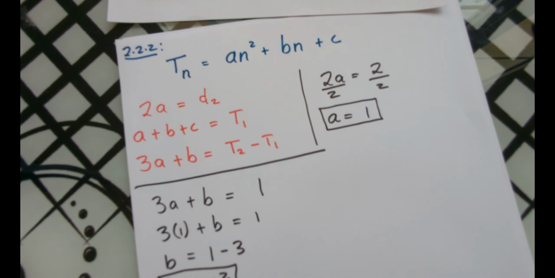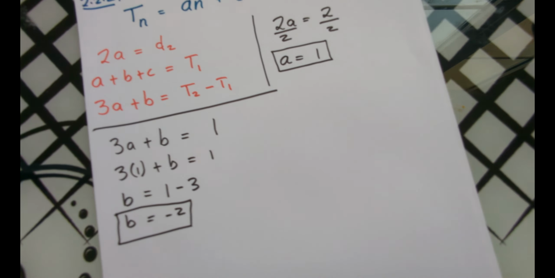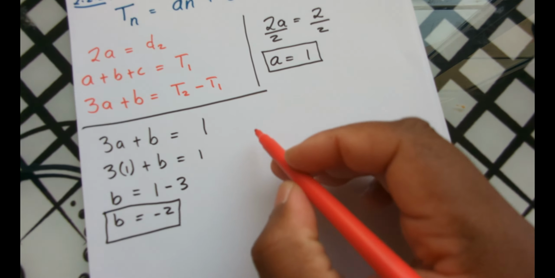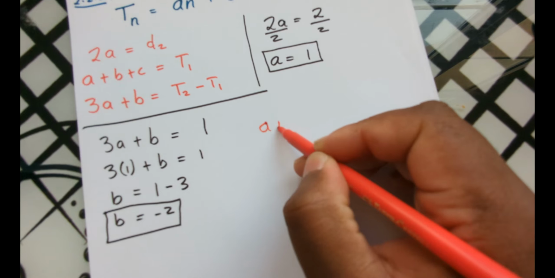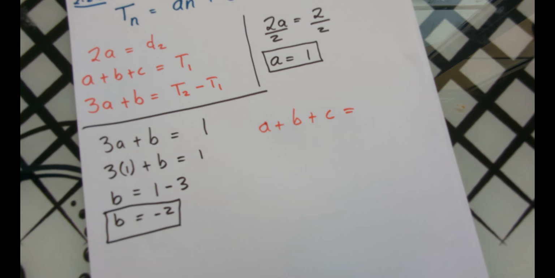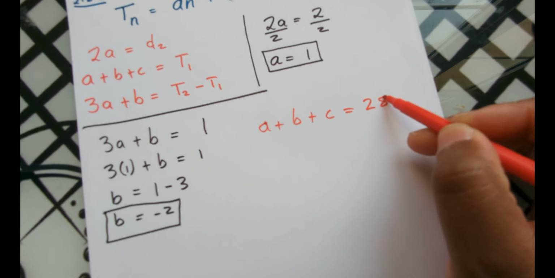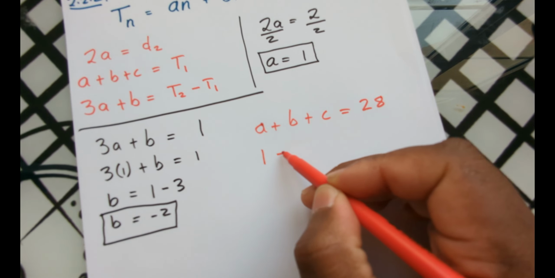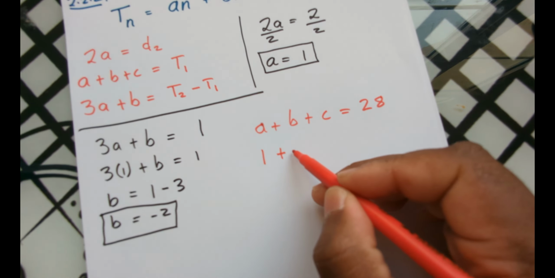So now we go to our equation. A plus b plus c is equal to t1. So a plus b plus c is equal to the first term, which we said is 28. We know the value of a, it is 1. We know the value of b, it is negative 2.